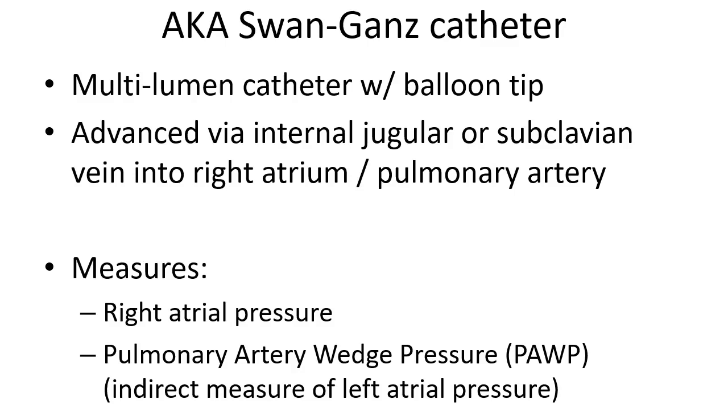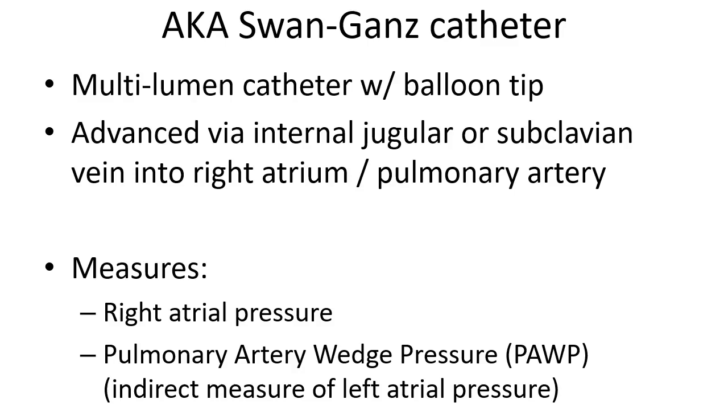You do not need to memorize the PAWP, the pulmonary artery wedge pressure, or the right atrial pressure. Those digits don't matter, because you're going to be given the reference ranges on the NCLEX. Just understand that if your right and or left atrial pressures are elevated, you're in fluid overload. If they're lower than normal, you're dehydrated.